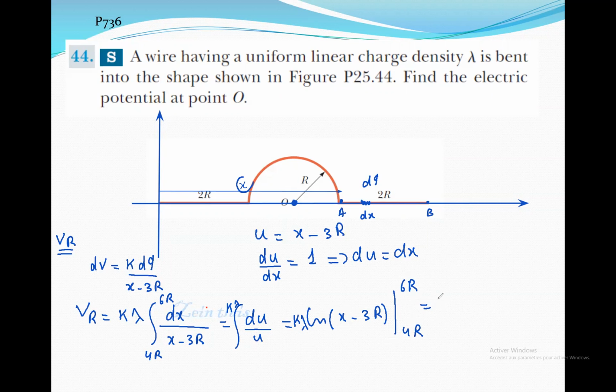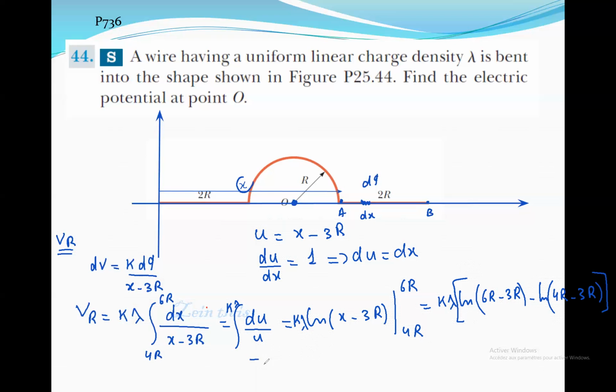So we get k lambda ln (6r minus 3r) minus ln (4r minus 3r).